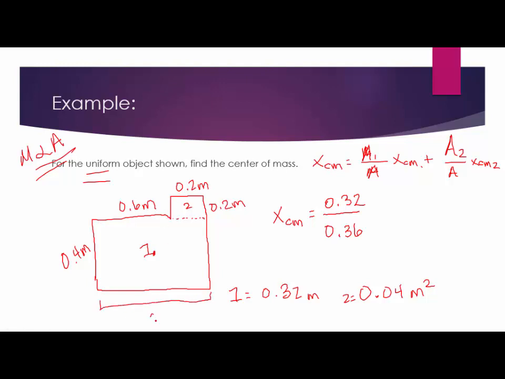That means the whole length in the x direction is 0.8. So the center of mass in the x direction for the first block is 0.4.